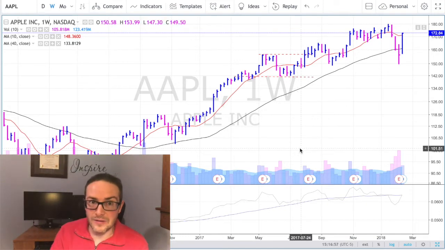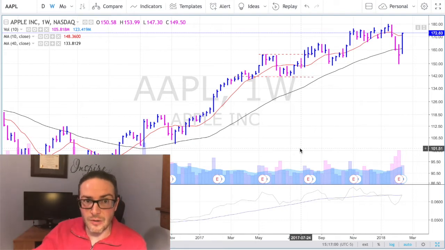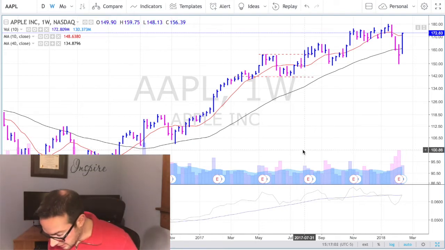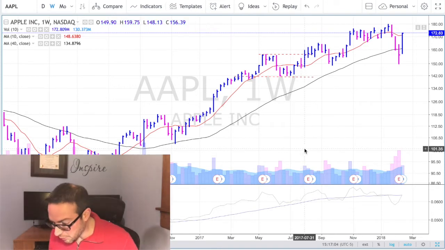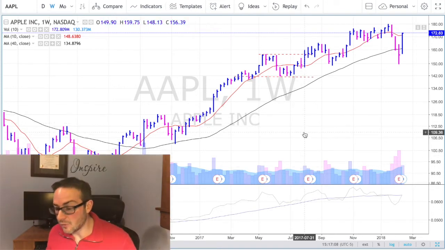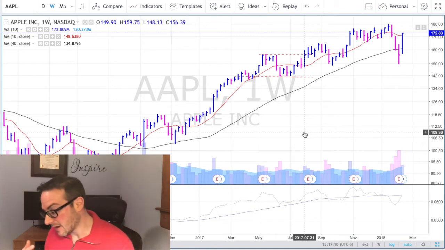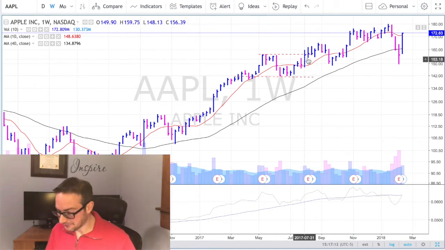We're only looking for the weeks that are on higher volume than the week immediately before it. Finally, it starts to break out and volume is elevated. So that's an accumulation week.